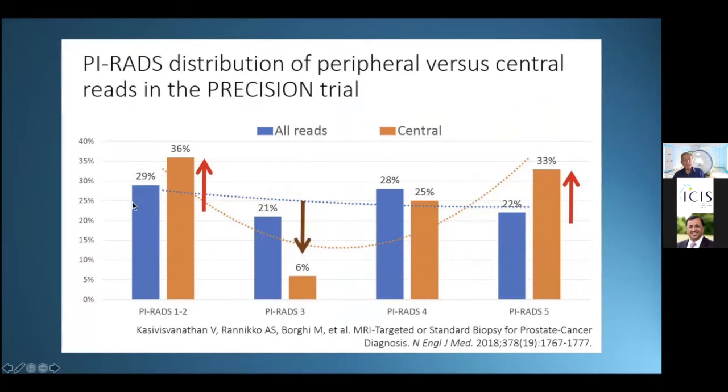And you can see that there is a gradual decrease from PIRADS 2 to 3, and then it increases to 4 and 5. Oops, I have to go back. But what is most important is that with the central readers, so the experts, they have a PIRADS 3 percentage of 6% versus 21% for the non-experts.